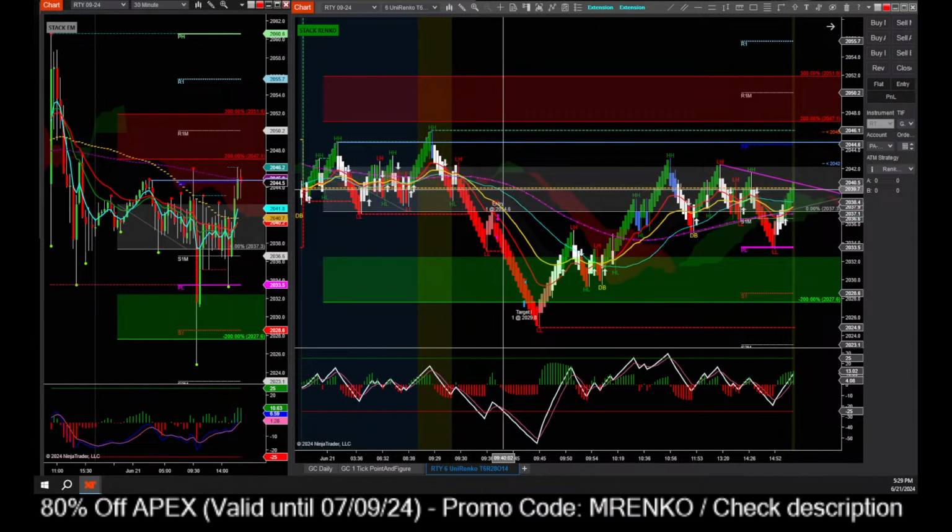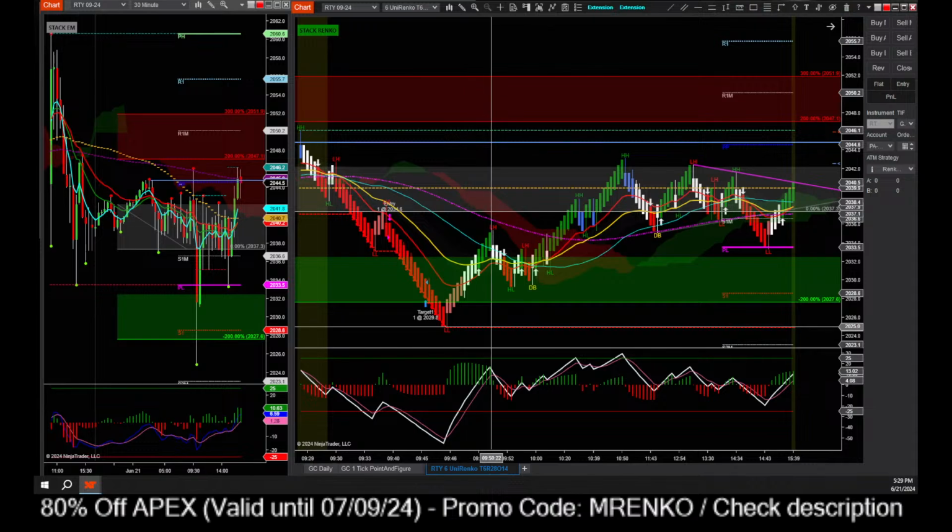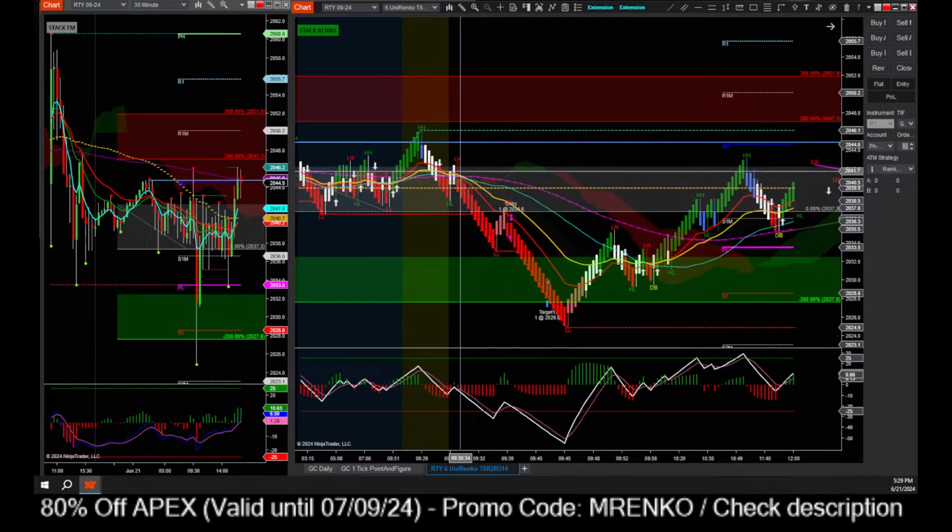So if you look at this, then you see the momentum right here. Why did I take this one? Well, first of all, it's wicking out of nothing. So the bounce is not happening at an EMA.